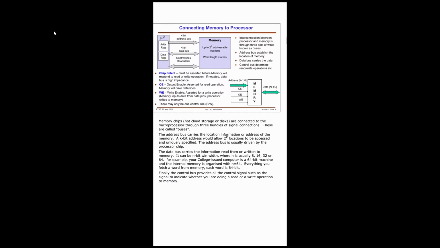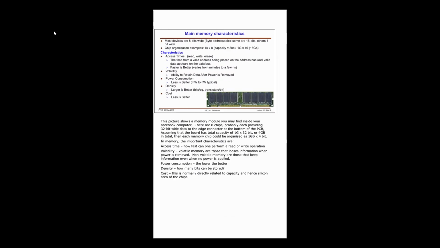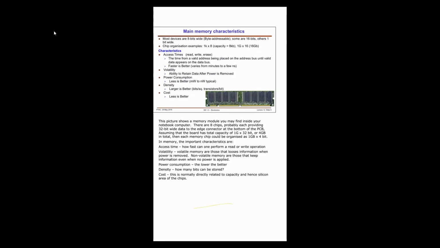Now, there are the main memory characteristics. What are the main memory characteristics? Access time, volatility, power consumption, density, and cost. There is a diagram shown in the next slide. I can move. Okay, there are the characteristics. Most devices are 8-bit wide because memory is byte addressable. Some are 16 bits.